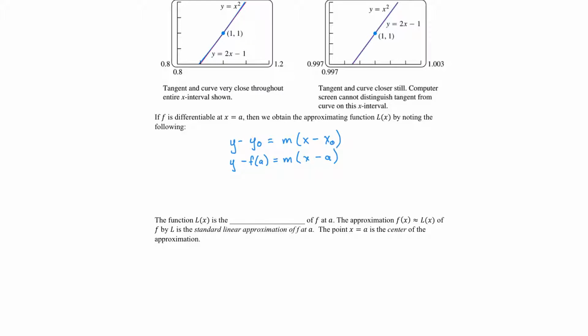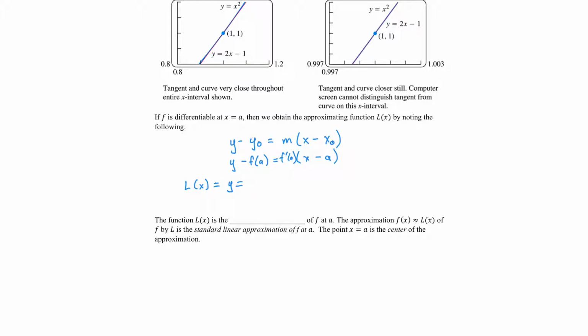So the linearization of this is, let's consider what m was in terms of derivatives. m was just simply f prime of x evaluated at a. In other words, our linearization is just going to be built off of this point-slope form. And of course, we can go ahead and solve this for y.